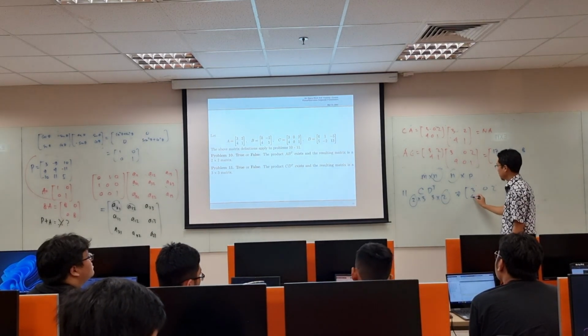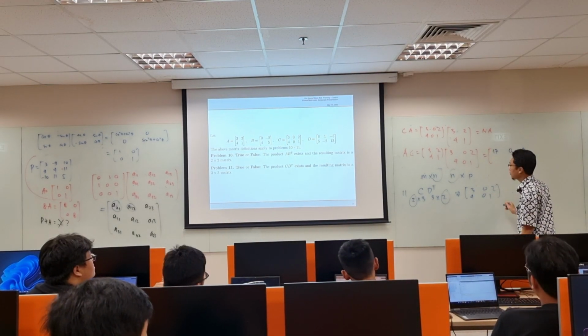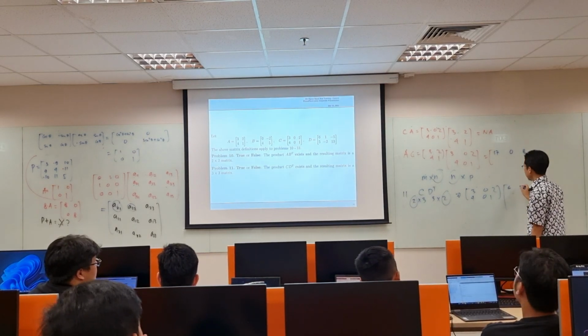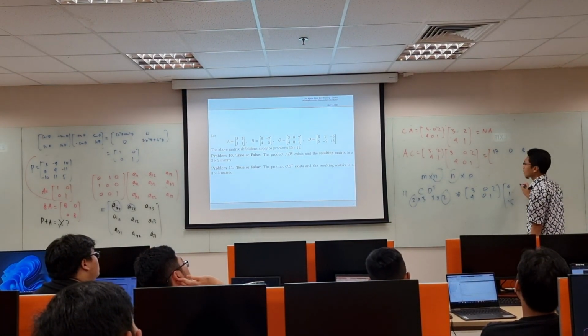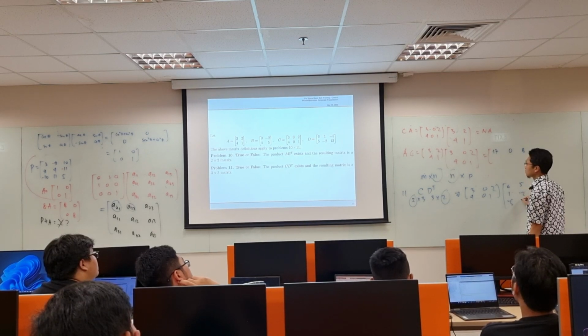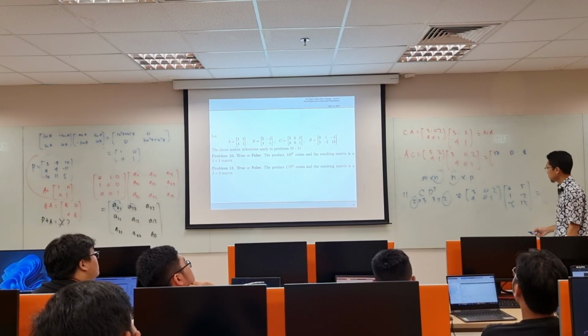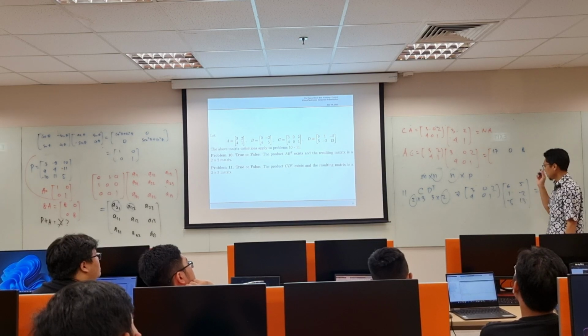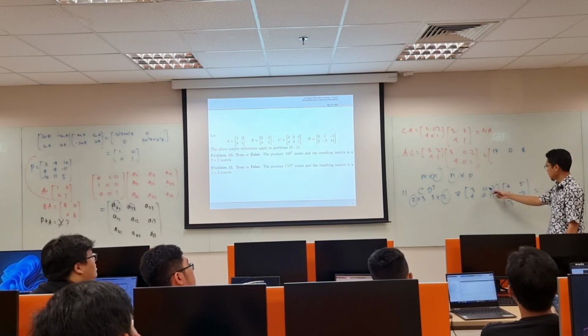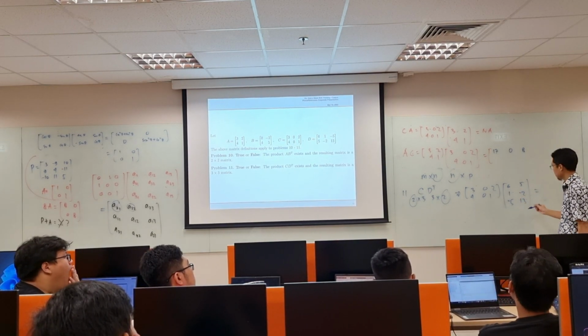Row 3, column 1, and then you multiply by 4. So it becomes 18, 0, 10, so it becomes 8.